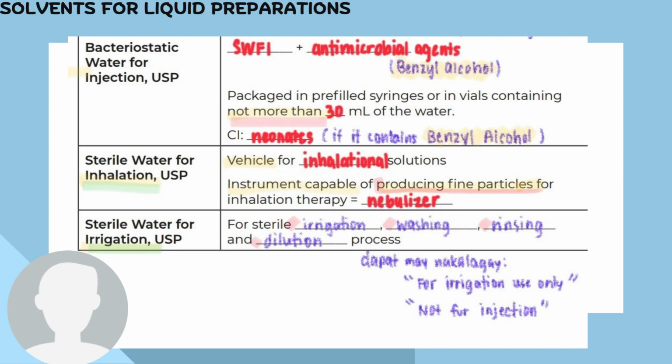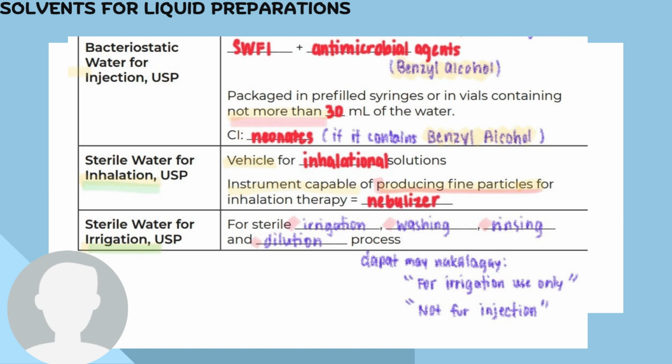So label requirement, it must clearly say for irrigation use only and not for injection. So kung naa mo makit-an nga bottle nga sterile water for irrigation, always remember dili na siya for injectables. It's only for washing, rinsing, or irrigation sa surgical areas.